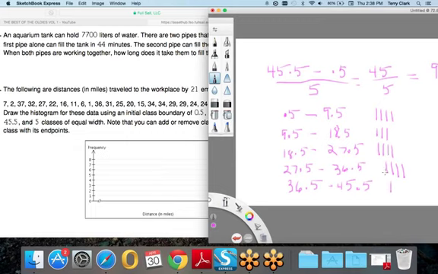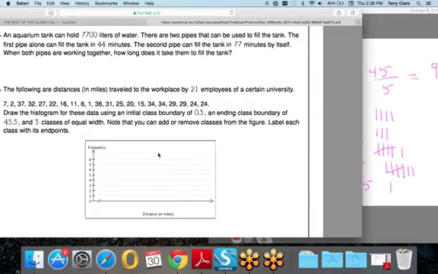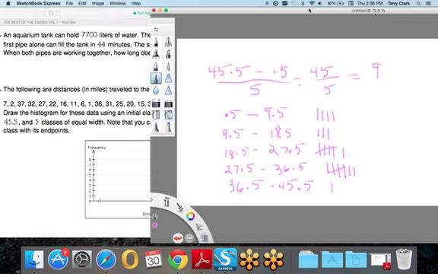We got another 34. Okay, we got a 29, which is in between 27.5 and 36.5. We got another 29. Then we got a 24, which is between 18.5 and 27.5. Then we got another 24. Okay, that's all of our numbers there.